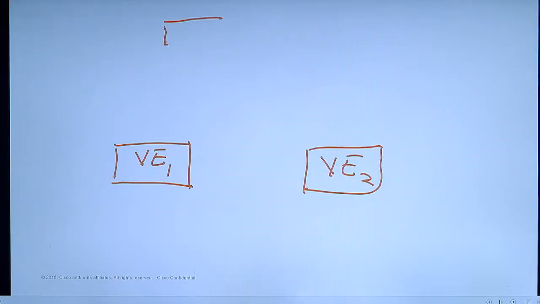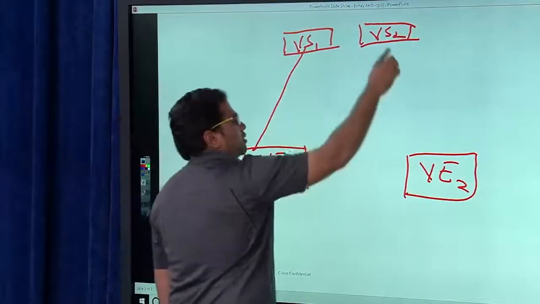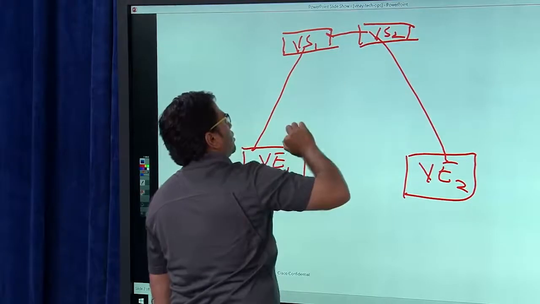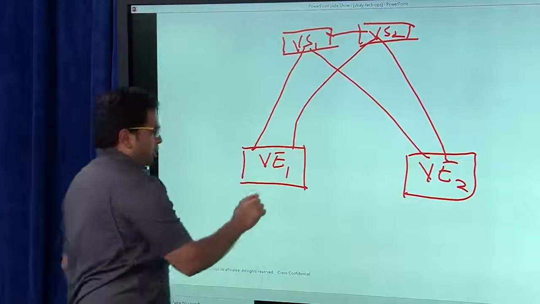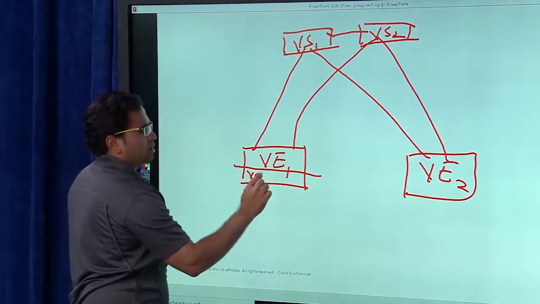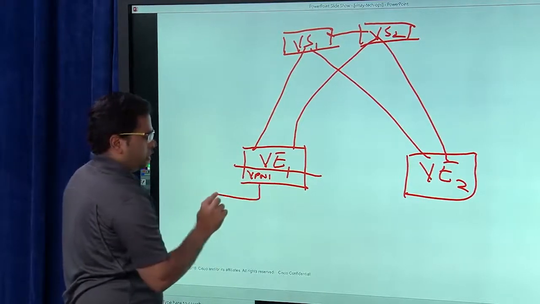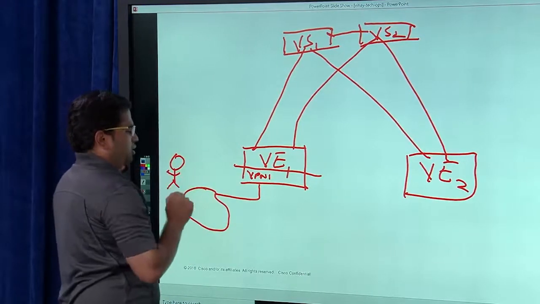Let's say we have two controllers or vSmarts. And we have your LAN segment residing over here behind VH 1 with a user 1 here.